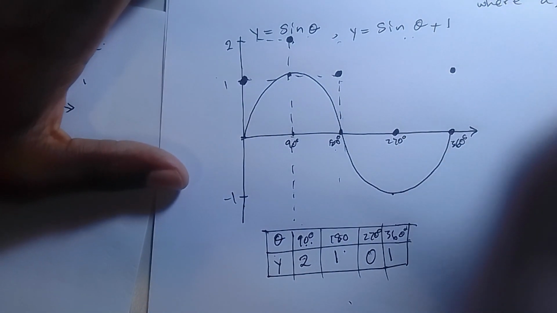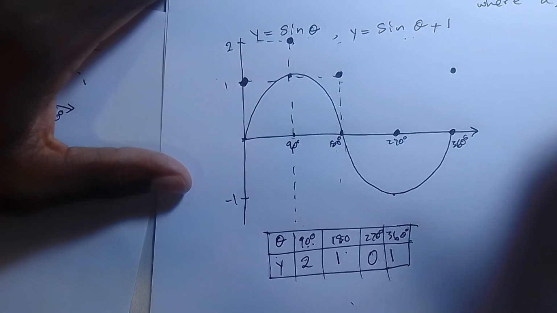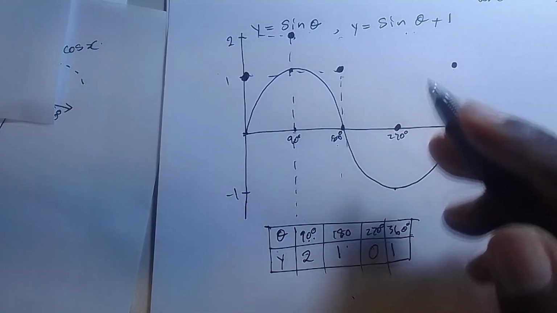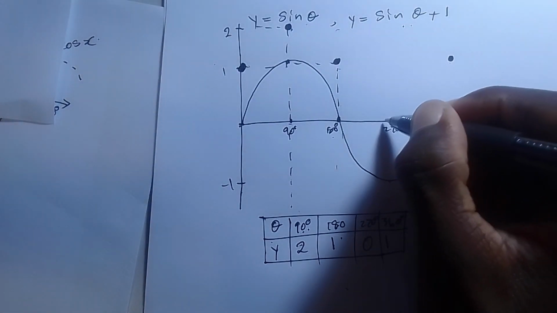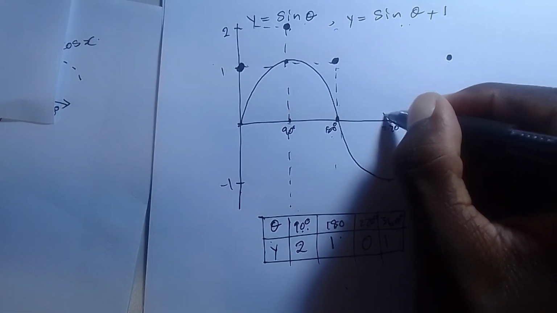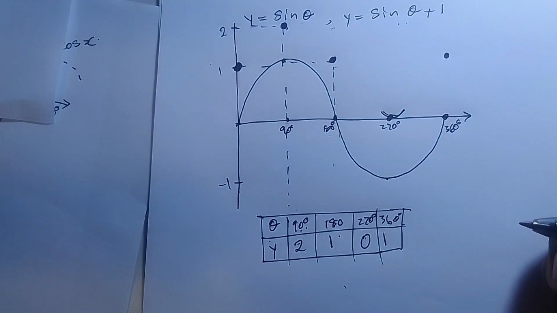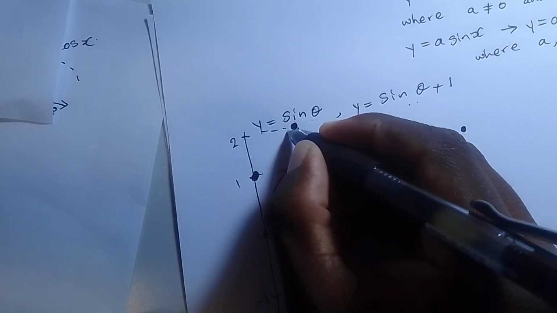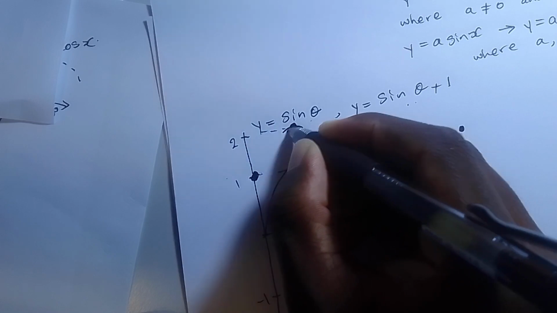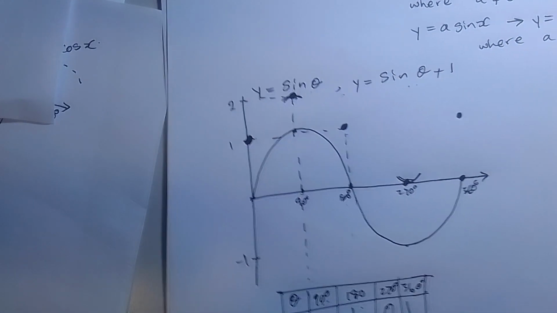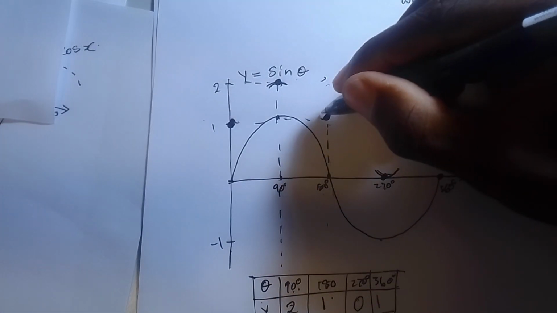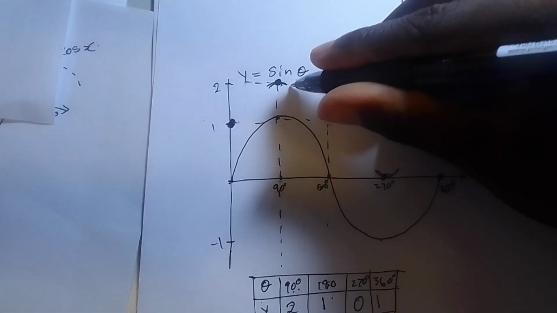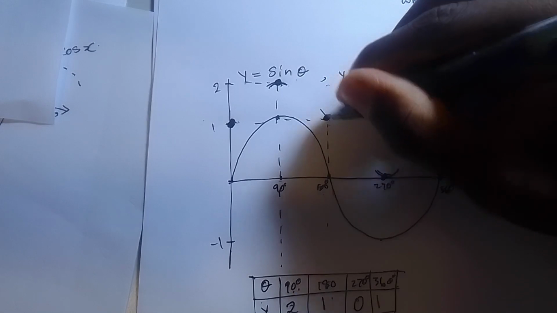What I like to do when I draw a sine graph, because sometimes it's hard to get the shape right, just go to the maximum and the minimum, do something like this, and then that's the minimum. You draw this as well at the maximum, and then you come here to the center point, you draw something that looks like it's coming from there to there.